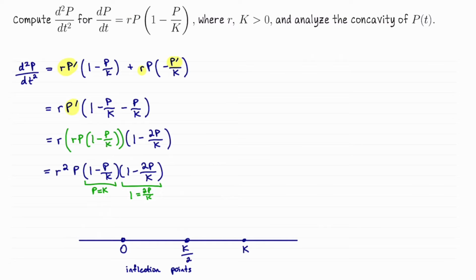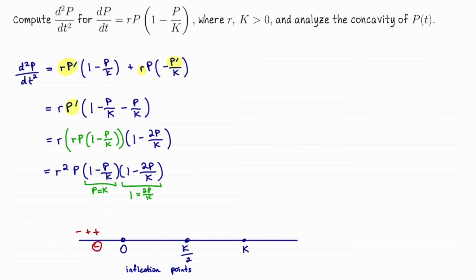So if p is negative, that first factor, r squared p, is negative. The second one would be positive, and the third one would also be positive, because we'd have minus a negative. So overall, this is negative. That's concave down. And that is actually enough to figure out the rest of them because this is a cubic, but let's go through it anyway.